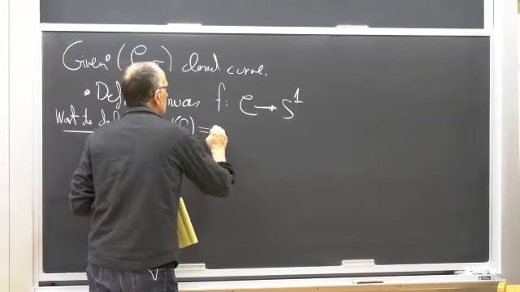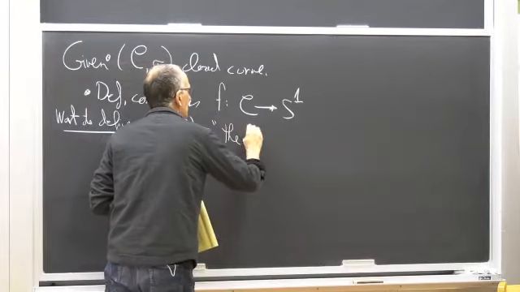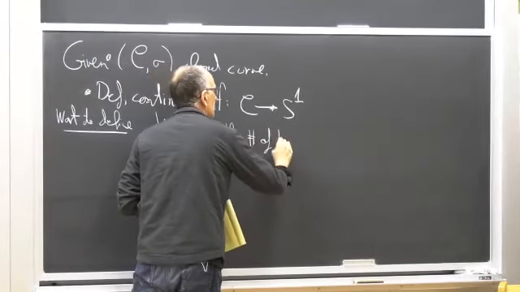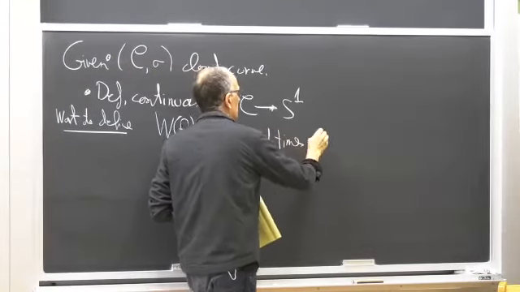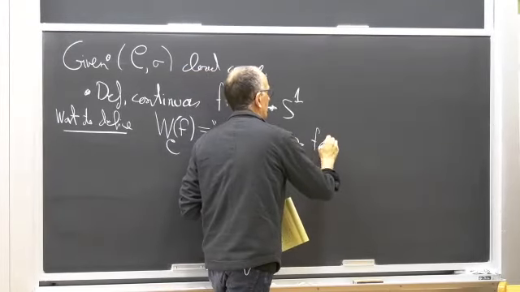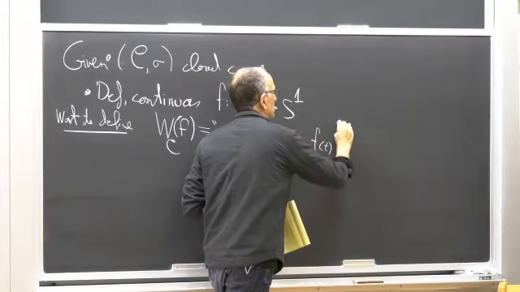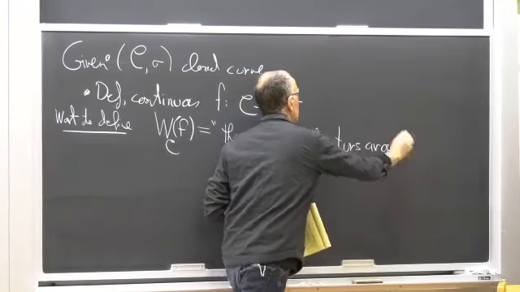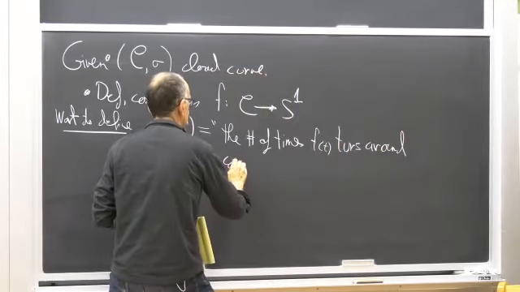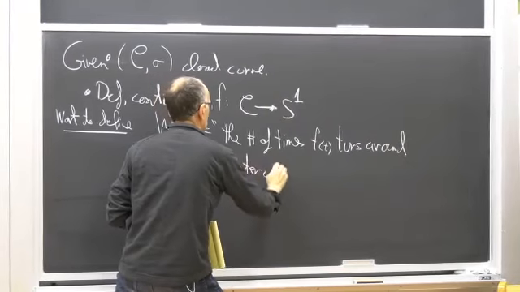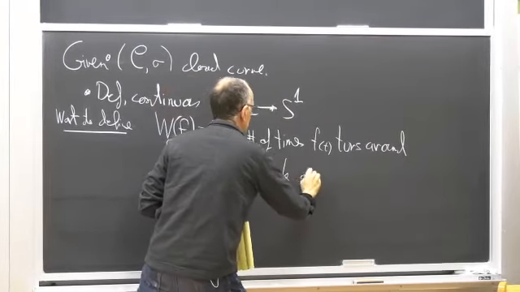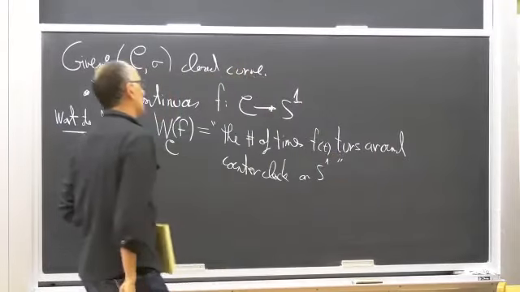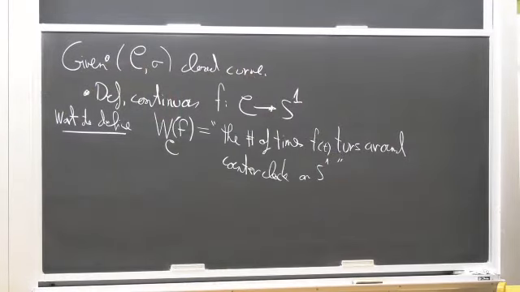And for the beginning, we'll just say it is the number of times f of t turned around counterclockwise on S1. This is what we want to capture.